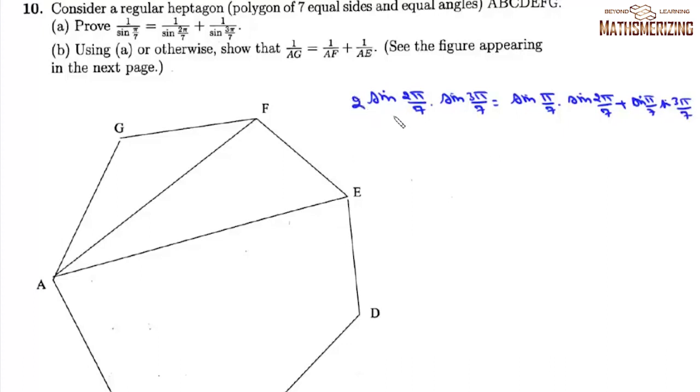Now we'll multiply by 2 on both sides. Now this is 2 sin A sin B, which is cos(A - B) minus cos(A + B). So it will be cos(A - B), which is cos(π/7), minus cos(A + B), which is cos(5π/7).